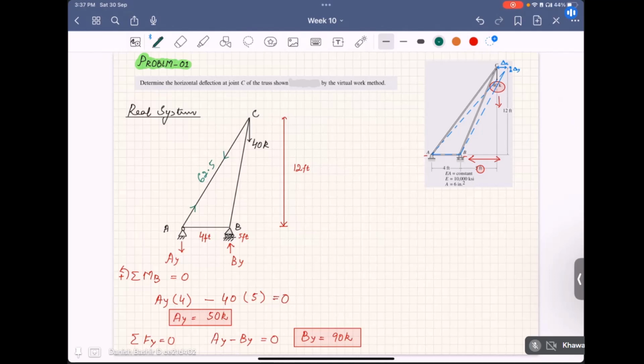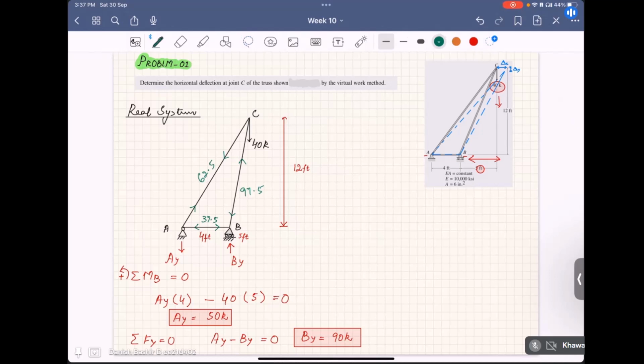This is coming out to be 97.5. This is compressive. And then another force in the member AB is coming out to be 37.5. And this again is compressive. So you will be asking how I am deciding whether this is compressive or tensile. By doing the method of joints you will get these values.